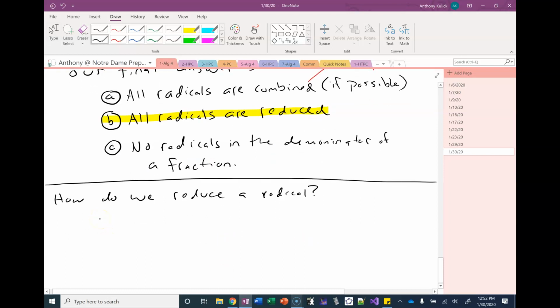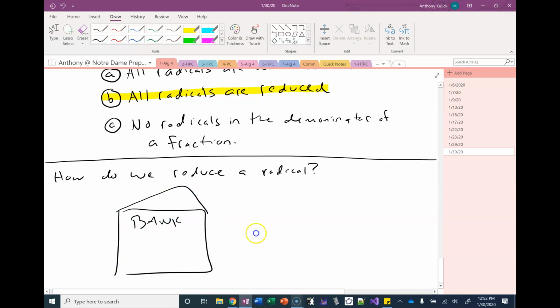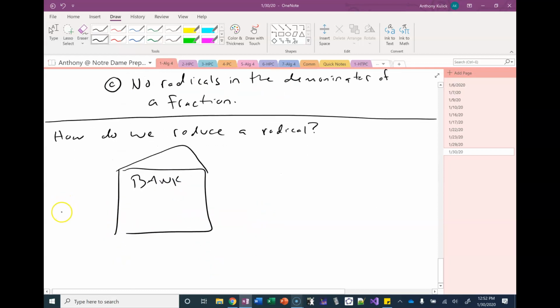So before we address this, imagine we're going to the bank, and we have 13 quarters.